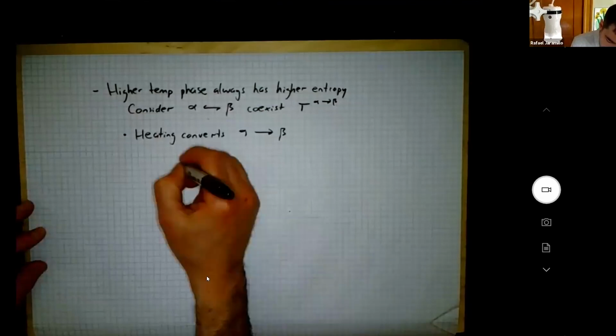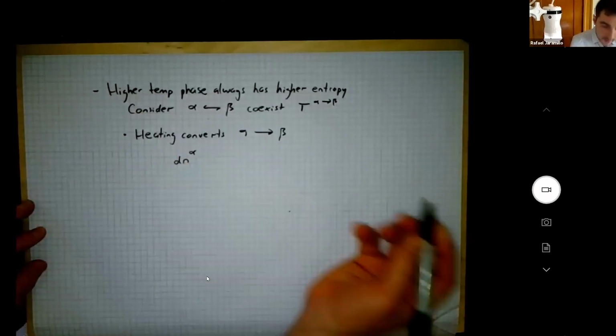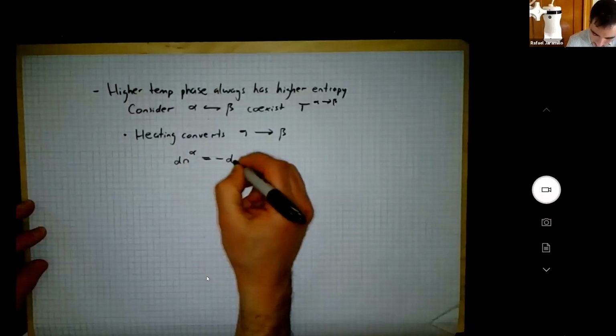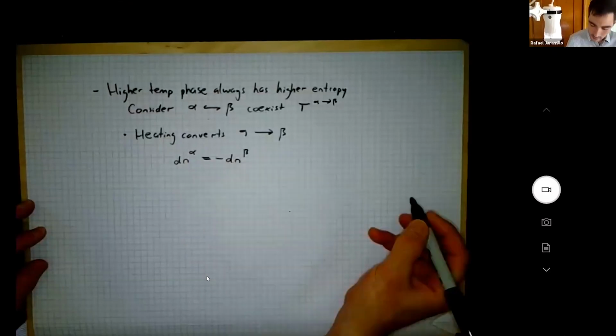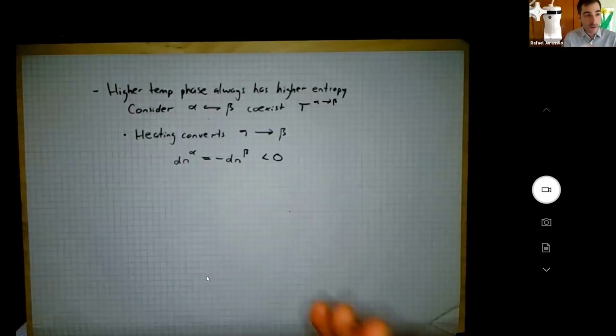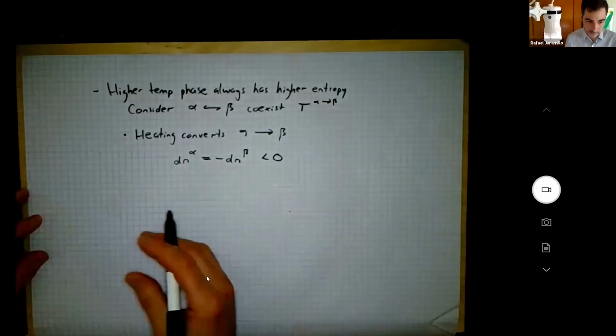So that means that as we convert alpha to beta, dN of alpha equals minus dN of beta is less than 0. We're transforming moles of alpha into moles of beta.